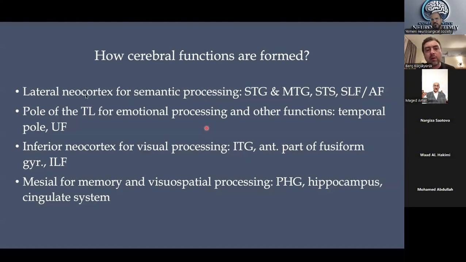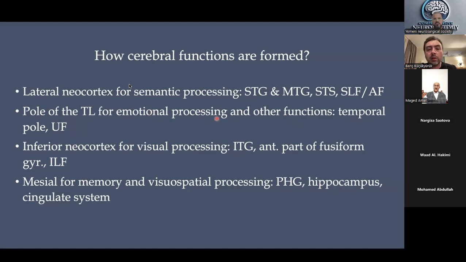So let's go further. At the temporal pole, there is emotional processing and other functions, but not only with the cortical temporal pole; there is also a white matter tract called the uncinate fasciculus, which connects the temporal lobe with the frontal lobe, which makes the emotional processing.